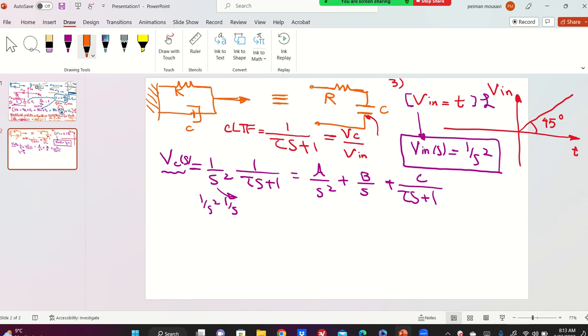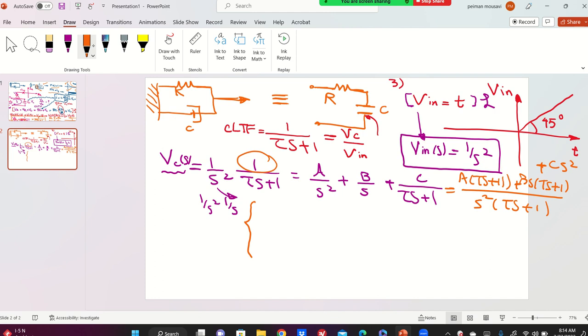Now you can write this as a very trivial solution: s squared times tau s plus 1. You're going to have A times tau s plus 1, plus B s times tau s plus 1, plus C s squared, and this is equal to 1. So simply, you get this. I'm sorting based on this.